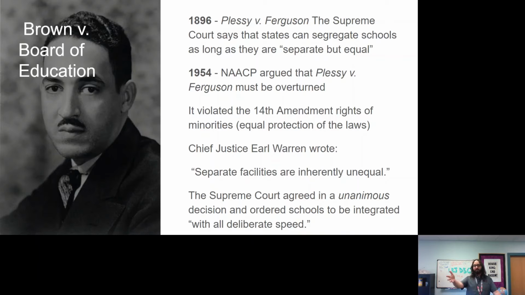Anyway, Supreme Court does a good thing here. They recognize that Plessy versus Ferguson was incorrectly decided, that having segregated schools absolutely violates the 14th Amendment rights of students everywhere in the country, and that separate facilities would inherently be unequal. Good job, Supreme Court. And there are plenty of schools that integrate pretty quickly, but a lot of them don't.